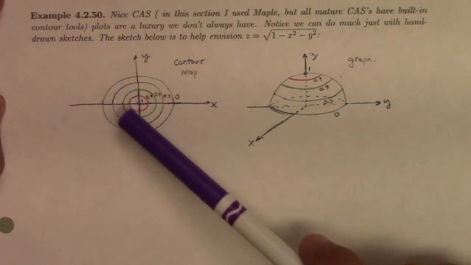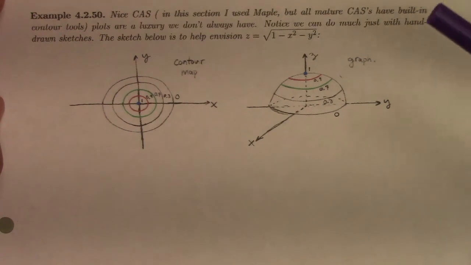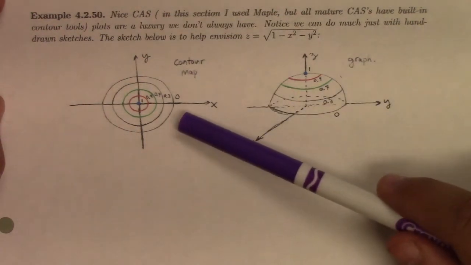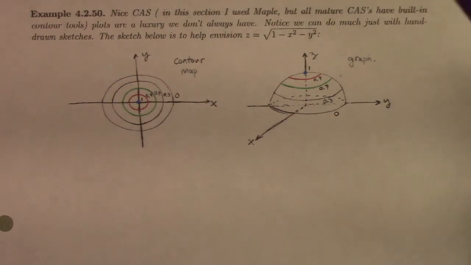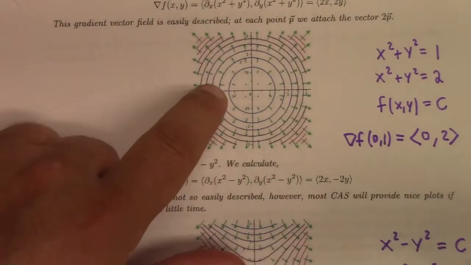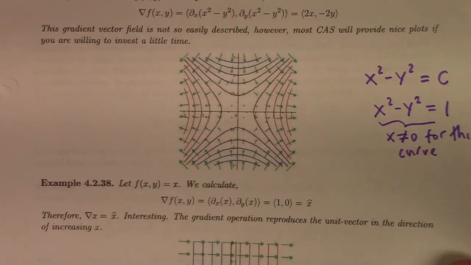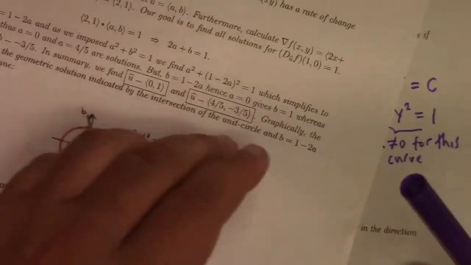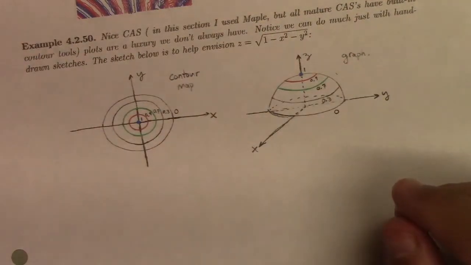You can draw some contour maps by hand, and you can get a lot of information pretty fast by doing this. What I try very hard to avoid doing by hand are plots like vector fields. That's not something you want to do without technology. Level curves, I can do. Gradient vector fields, it's not a good use of time.